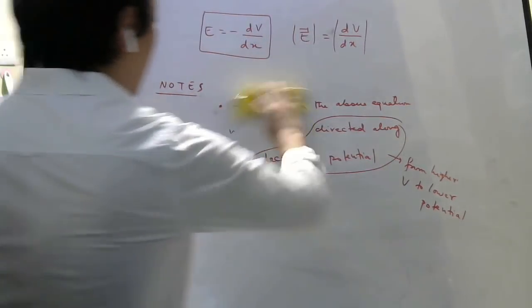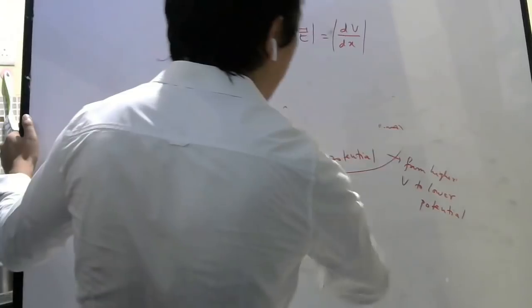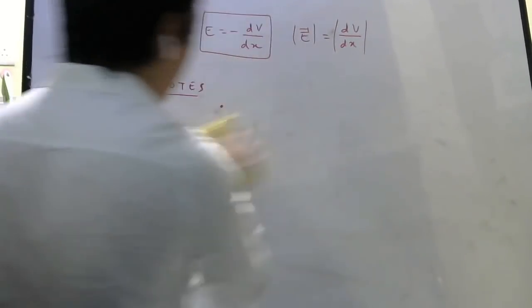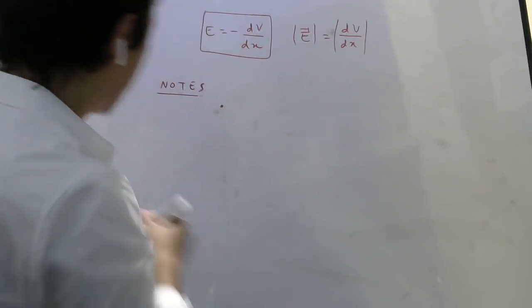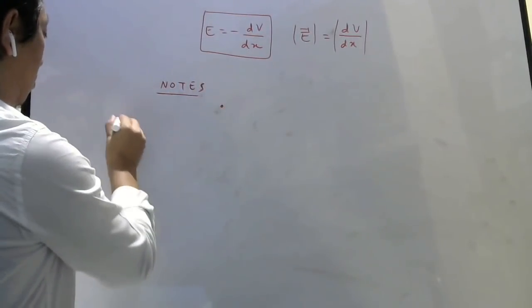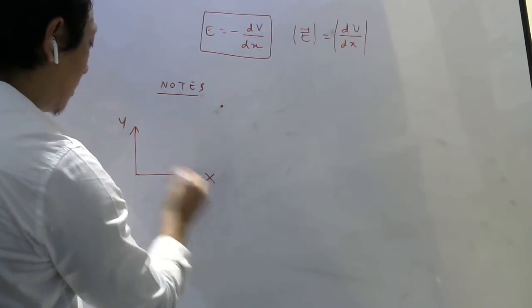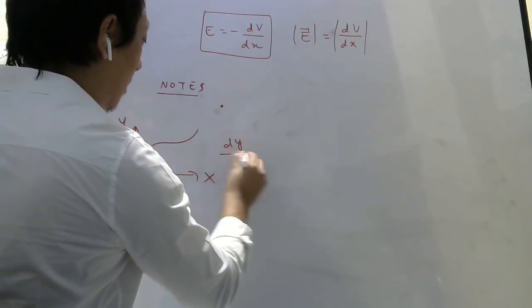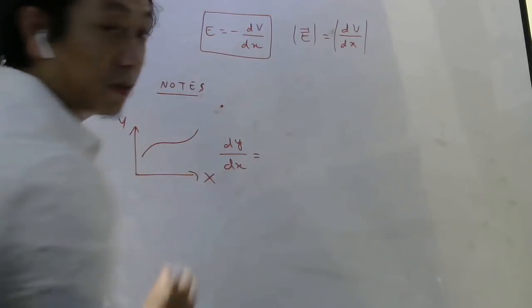Okay, then graphically, what does dy by dx represent? So imagine this is your y, this is your x, and some graph I drew. Then what is the meaning of dy by dx in mathematics? You must be knowing already.